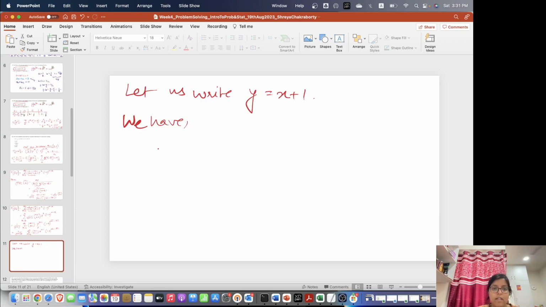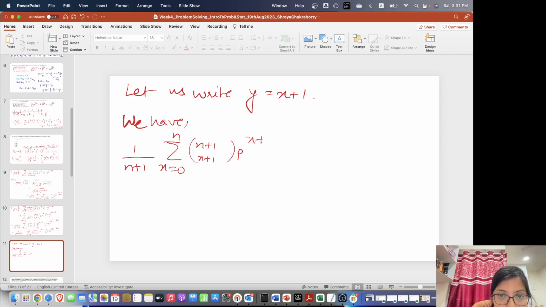So then this will be 1 by n plus 1 summation, let me write it in terms of x here again, n plus 1 c x plus 1, p to the power x plus 1, 1 minus p to the power n plus 1 minus x plus 1. This we had, no? So we are writing y as x plus 1.